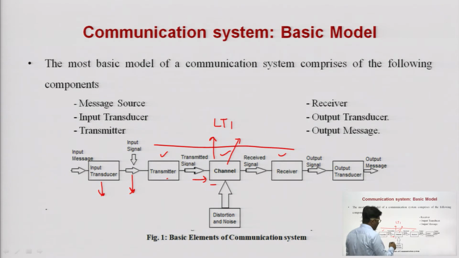Because of this property, the channel will change the characteristics of the transmitted signal. The channel can also behave as a filter, so it will filter out some frequency components from the transmitted signal and pass some of the frequency components. During this transmission, the information is also corrupted by noise.